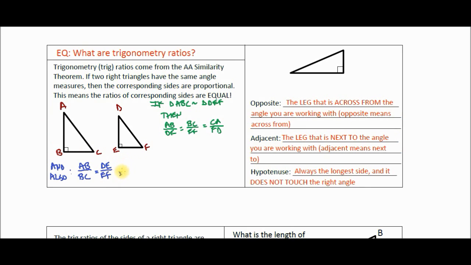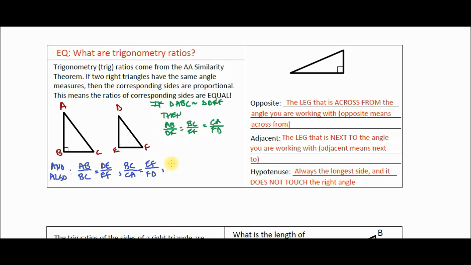We also can say that BC over CA is proportional to EF over FD. That's the horizontal and the hypotenuse. Those are proportional.